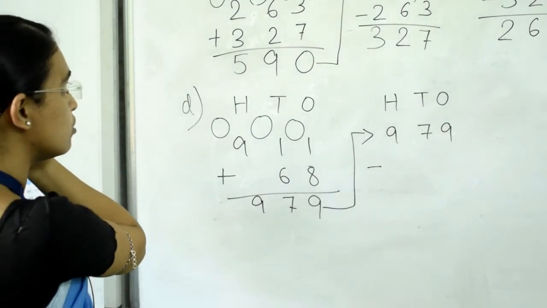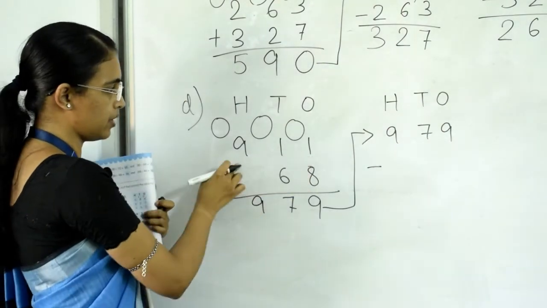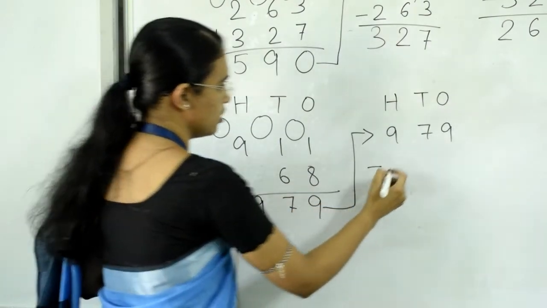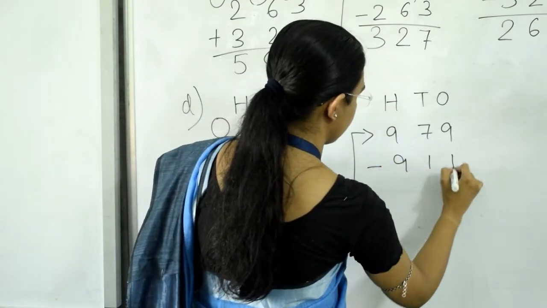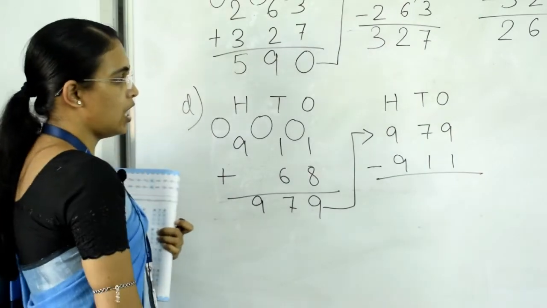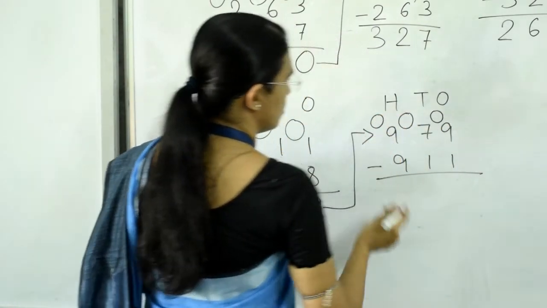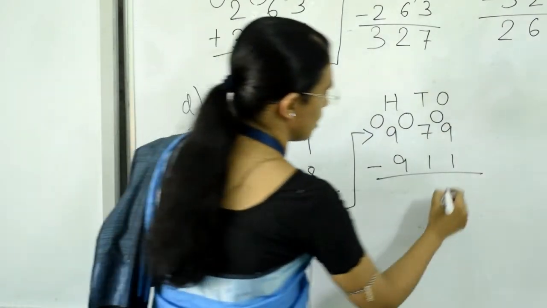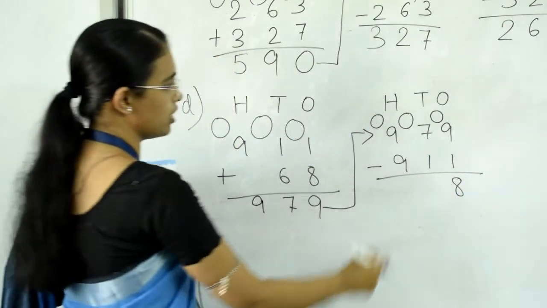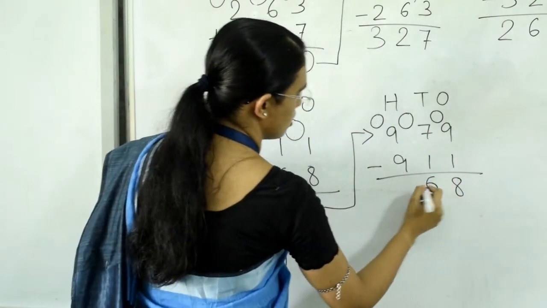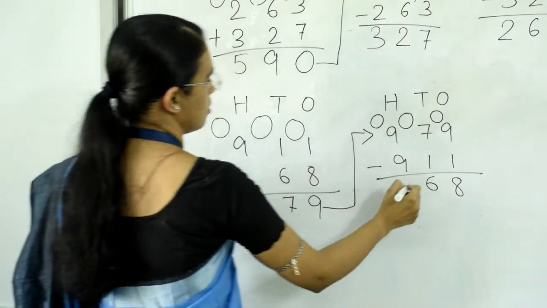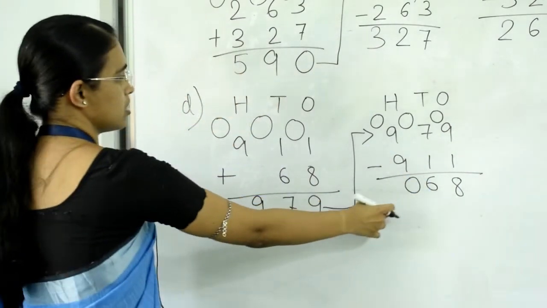Then write this number here, 911. Now you have to subtract this number. So 9 minus 1 is 8, 7 minus 1 is 6, 9 minus 9 is 0. So we got the answer 68.